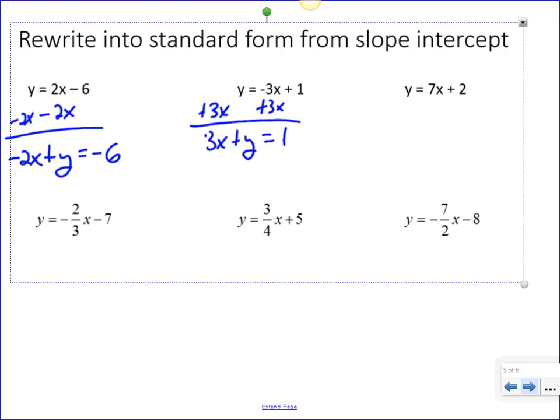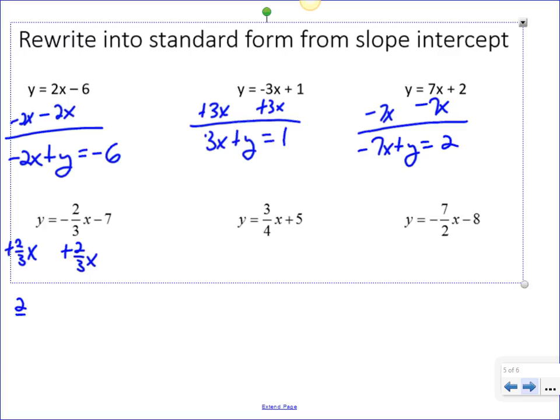Okay, for the next one, to get those x's to the other side, if I wanted to cancel out a positive 7x, I would minus 7x from both sides, and I would get negative 7x plus y is equal to 2. So those three would now be in standard form. If I go down to the next line, and I wanted to get these into standard form, this time to move this negative 2/3 x, I would add 2/3 x to both sides.